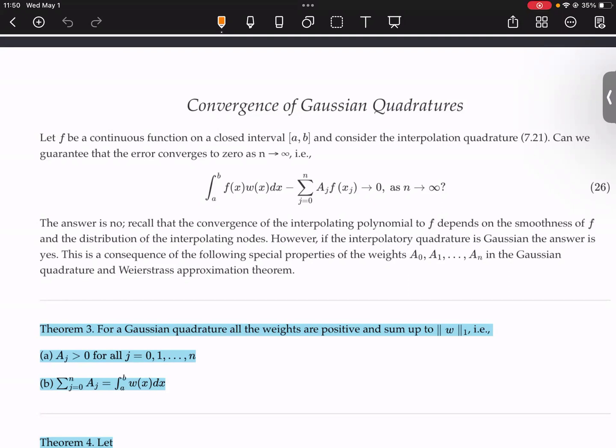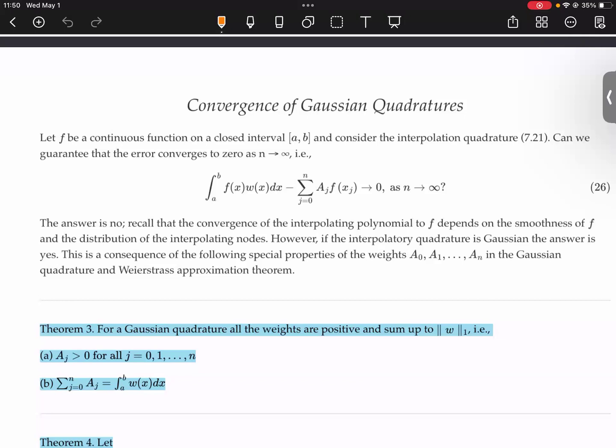But a lot of the time people just use the Gaussian quadrature rule because it has the highest degree of precision. If the function is quite smooth, people prefer the Gaussian quadrature. If the function is quite weird at the ends, people would go for Clenshaw-Curtis.